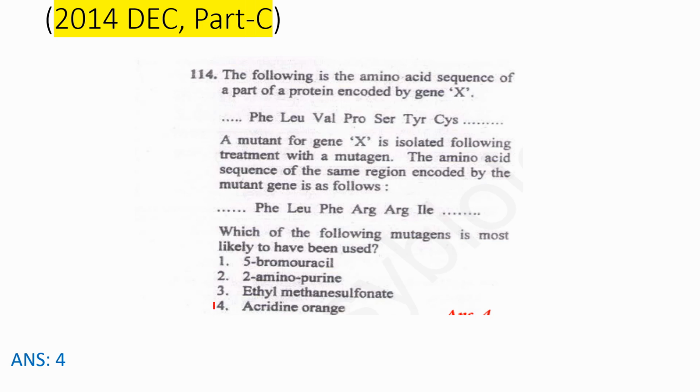The correct answer is 4, acridine orange, because here we can see that it has induced a frameshift mutation: the reading frame has been changed, resulting in different amino acids. So this can be done with acridine orange.